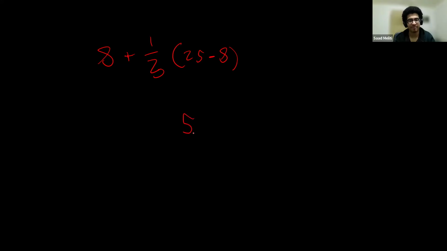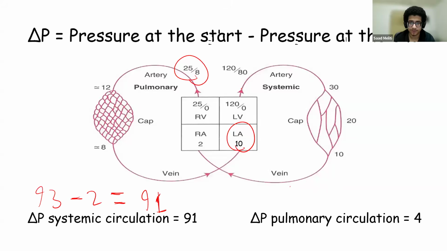Okay, so you're going to get 5.6. Just round it up to 6, and you're going to get 8 plus 6. So your mean arterial pressure in this case is 14. That's your MAP, or your mean arterial pressure. So then you take the mean arterial pressure, which is 14, and minus it by 10, and you get an answer of 4. But that's how you calculate the pressure gradient.